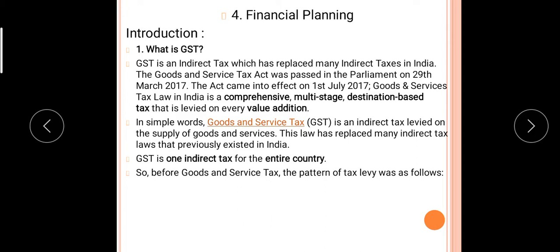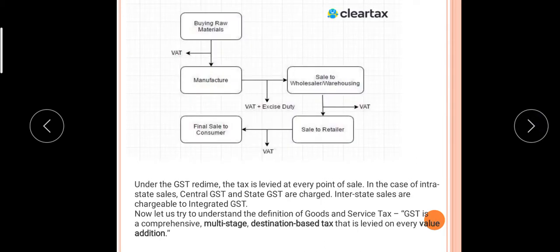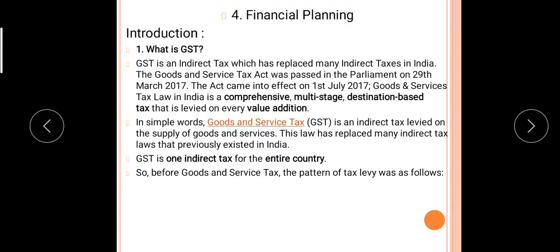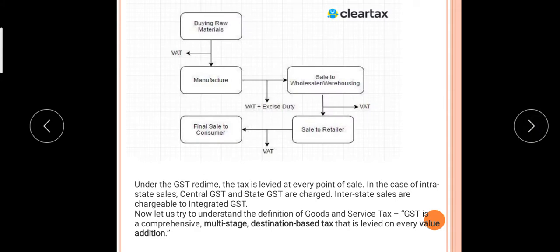So before goods and services tax, the pattern of tax levy was as follows. See in the diagram, I am going to explain diagrammatically. Now see here, before GST, how the pattern was. Buying raw material, we pay VAT.